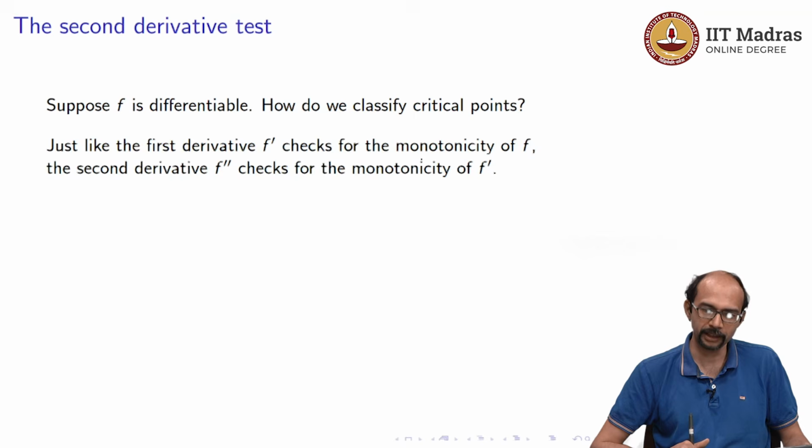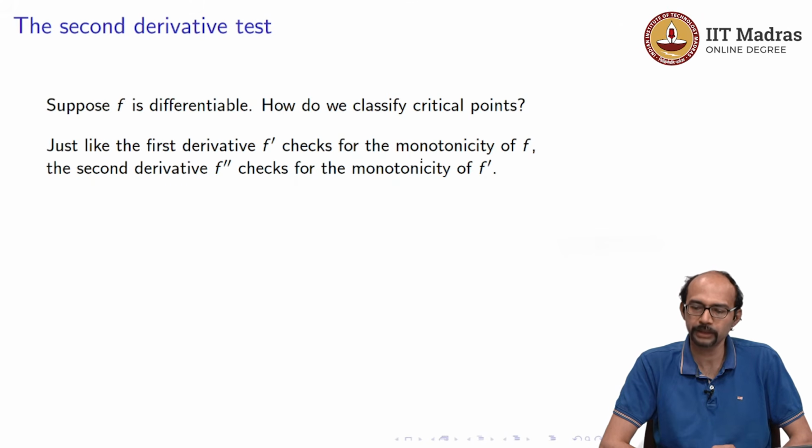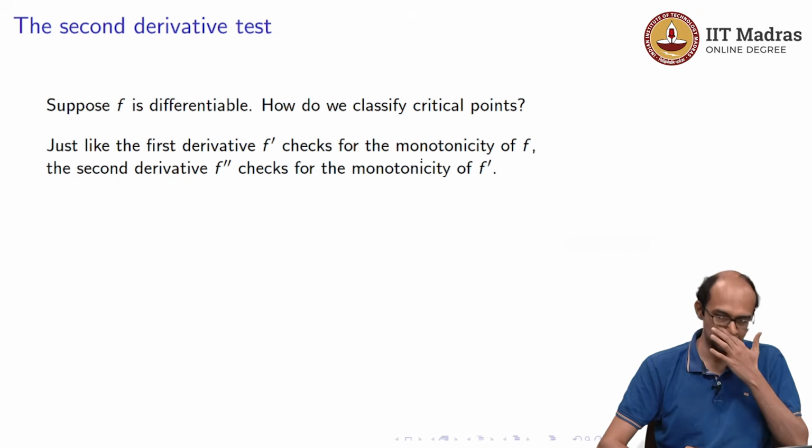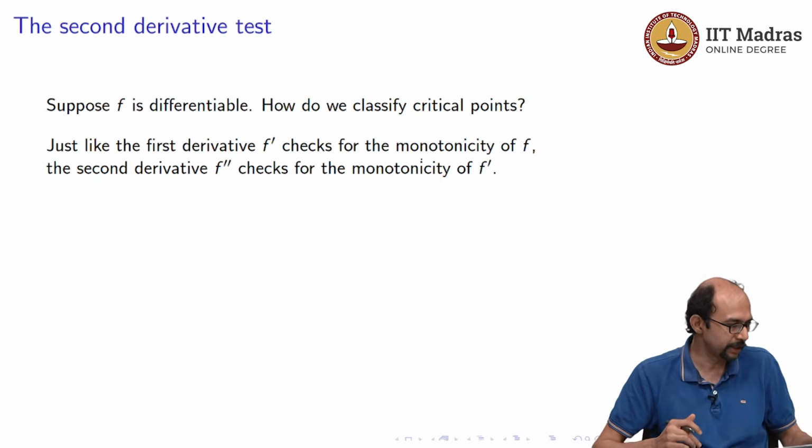How do we classify critical points? We use the second derivative test. Just like the first derivative f prime checks for the monotonicity of the function f, that is what we saw, the second derivative f double prime checks for the monotonicity of f prime, and based on this monotonicity we can see how the behavior is.